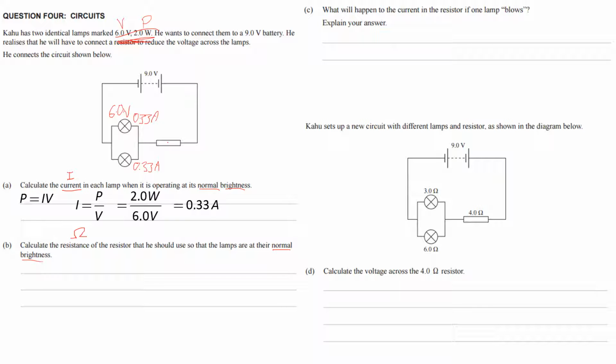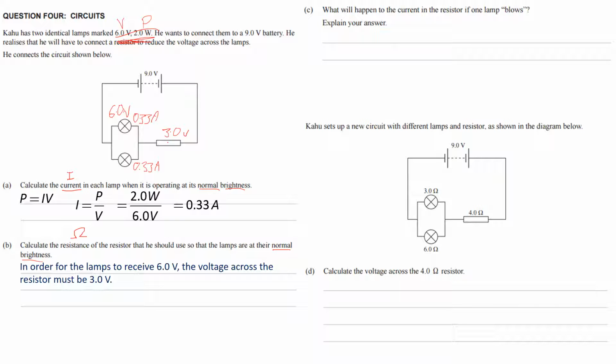Now, using the loop law here, if these lamps are going to use 6 volts and we take one of these loops, then the resistor has to use 3 volts because 9 volts is produced, 6 volts is used by a lamp, then 3 volts is used by this resistor.